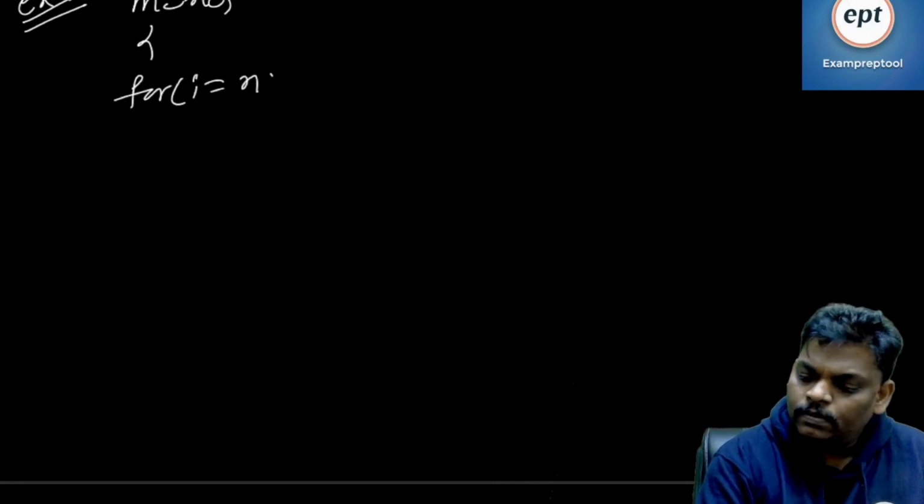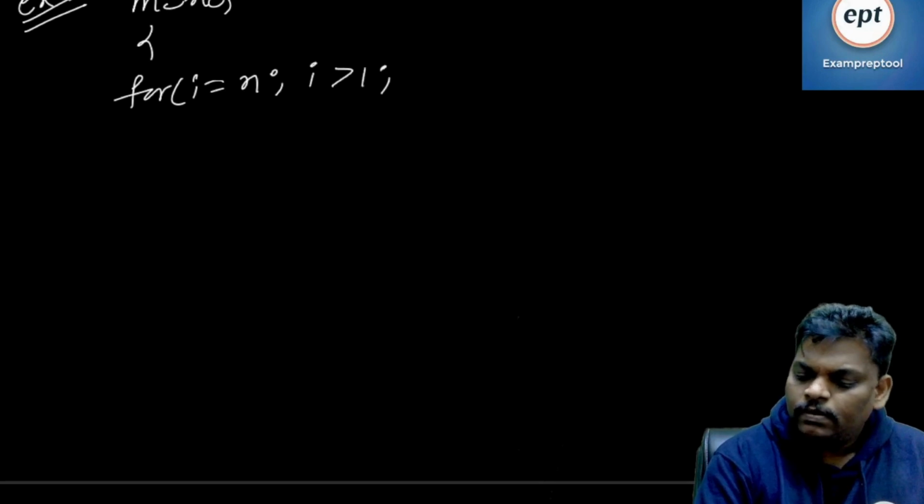Next problem I am just writing. Main. for i is equal to n, i greater than 1, i is equal to i by 2.